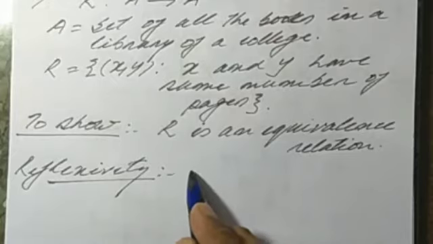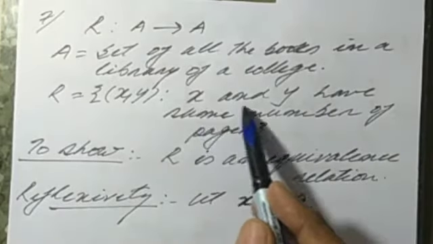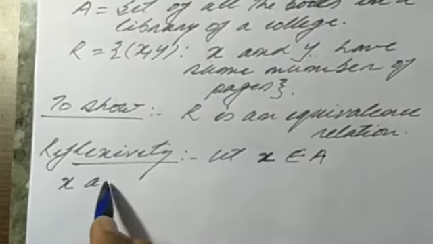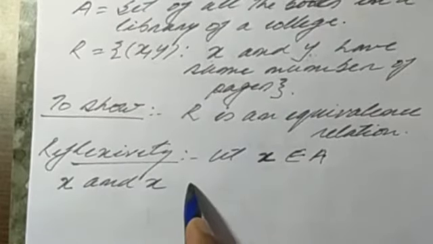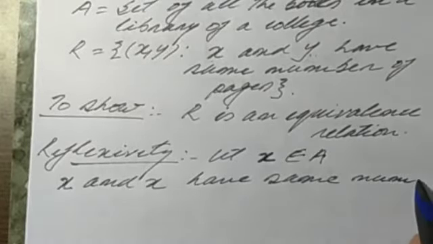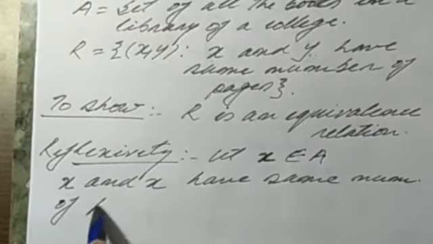For reflexivity, let us take an arbitrary element x from the set A. That means any book from the set of all the books in the library. As we know, by the given criterion of the relation, x and y have the same number of pages, so x and x have the same number of pages.